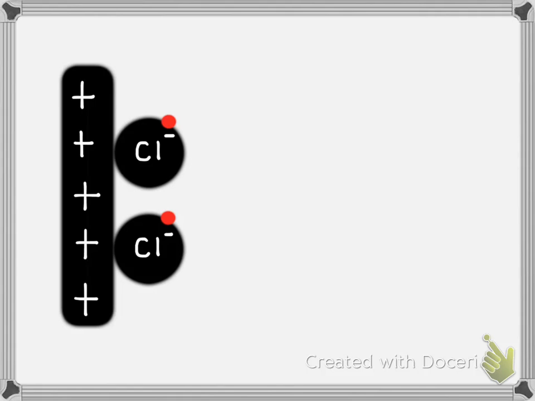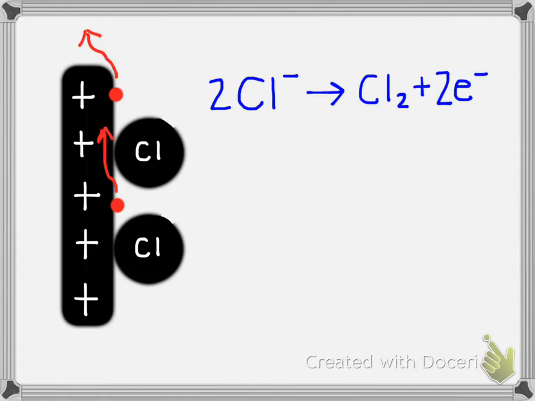Due to the electrostatic attraction, the electrons are stripped off the chloride ions onto the positive electrode, leaving individual chlorine atoms. Those electrons then travel up the electrode towards the battery. So the half reaction is that 2 Cl- ions lose their electrons and go to form Cl2 plus those 2 electrons that they've lost.